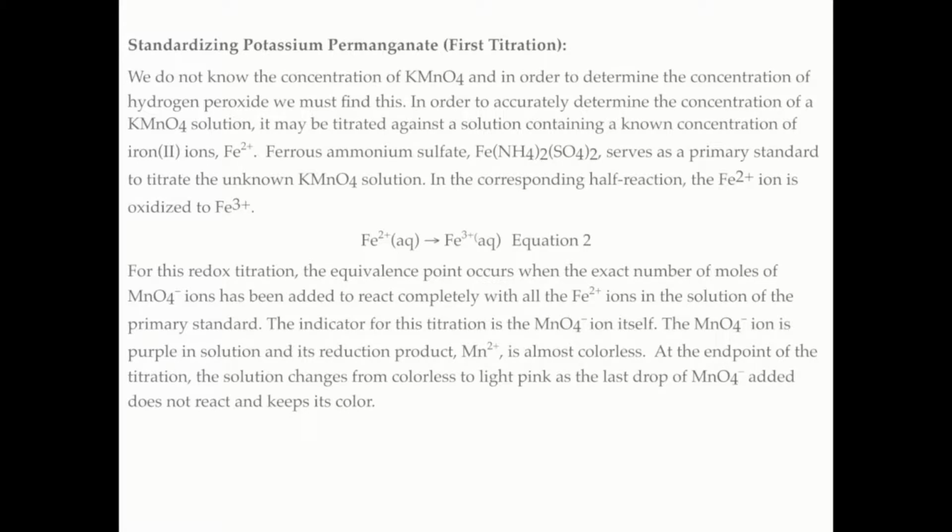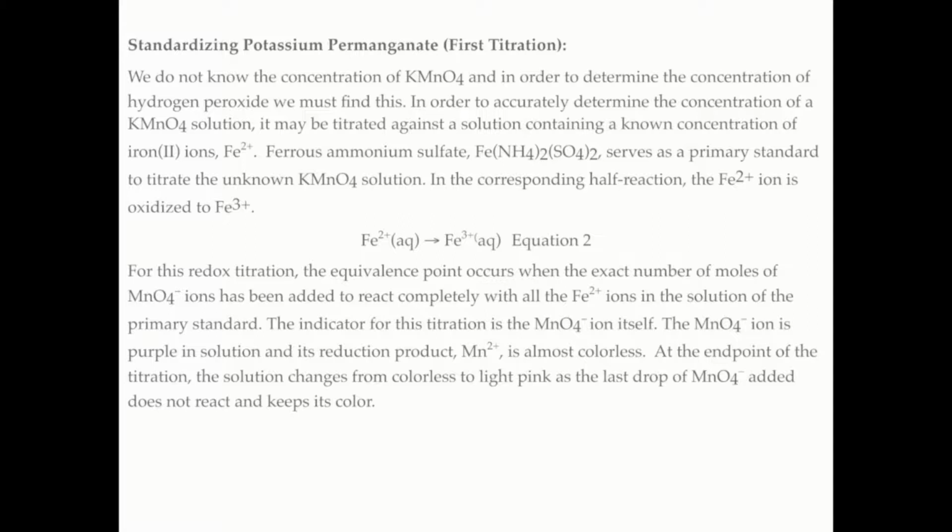In the corresponding half reaction, the iron ion is oxidized to iron 3+. For this redox titration, the equivalence point occurs when the exact number of moles of permanganate ions has been added to react completely with the iron 2+ ions in the solution of the primary standard. The indicator for this titration is the permanganate ion itself.